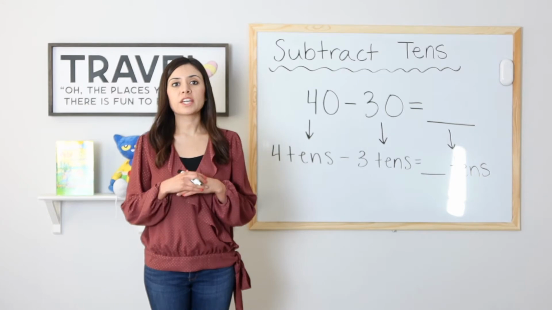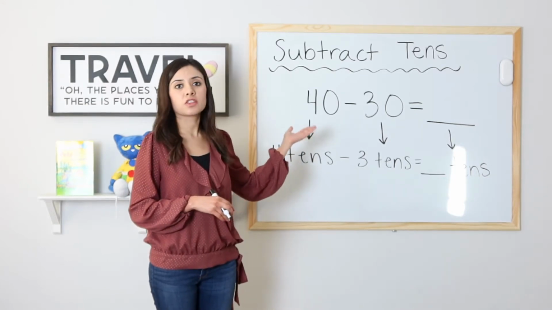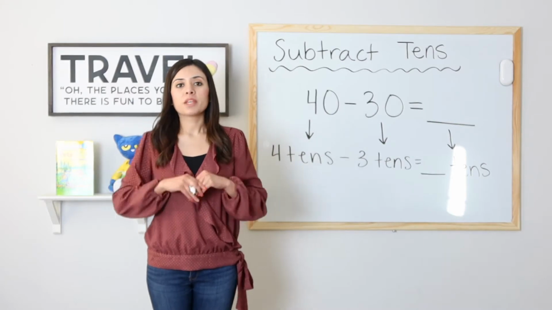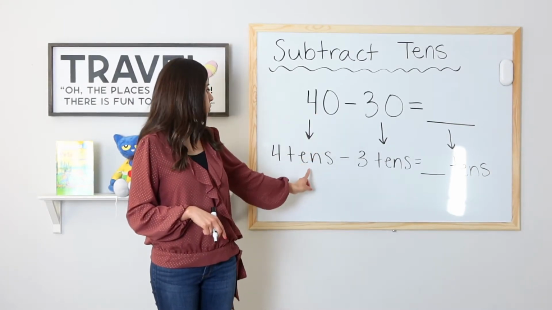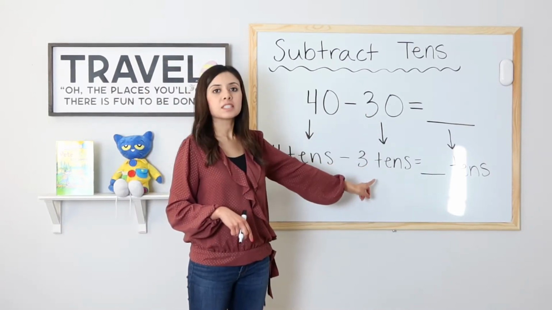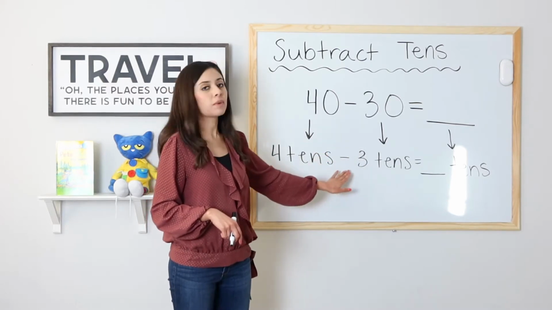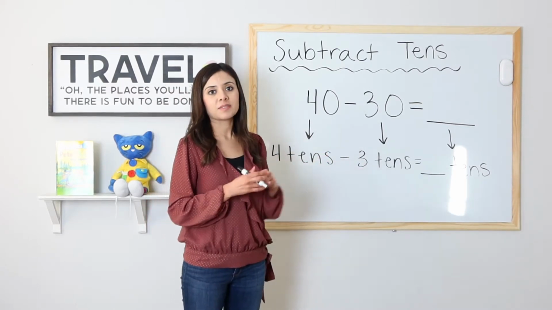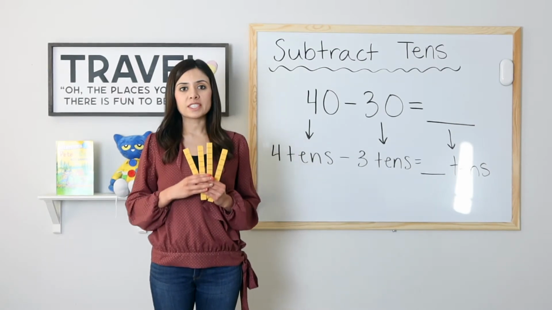Okay, let's go ahead and look at our first example. I have 40 minus 30 equals what? Well, 40 is the same thing as 4 tens, and 30 is the same thing as 3 tens. So I have 4 tens minus 3 tens. Let's place our 4 tens and we will take away 3 tens.